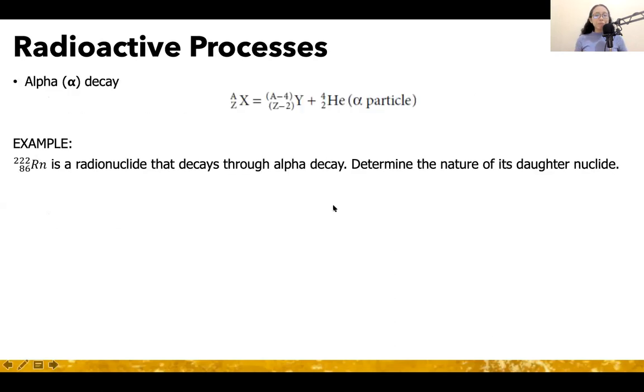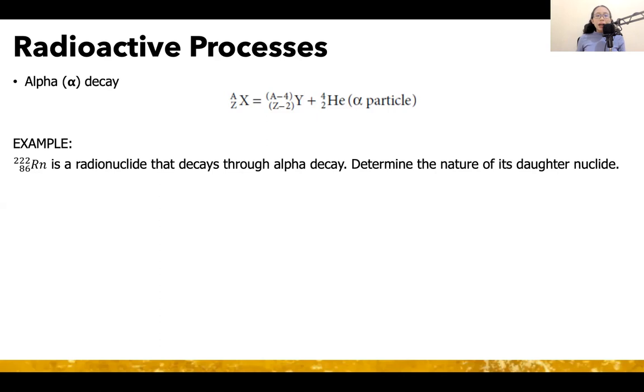So let's start. The first radioactive process that I think everyone is familiar with is the alpha decay. So in the alpha decay, or first, let's talk about what alpha particles are. In alpha decay, alpha particles are released from the nucleus.